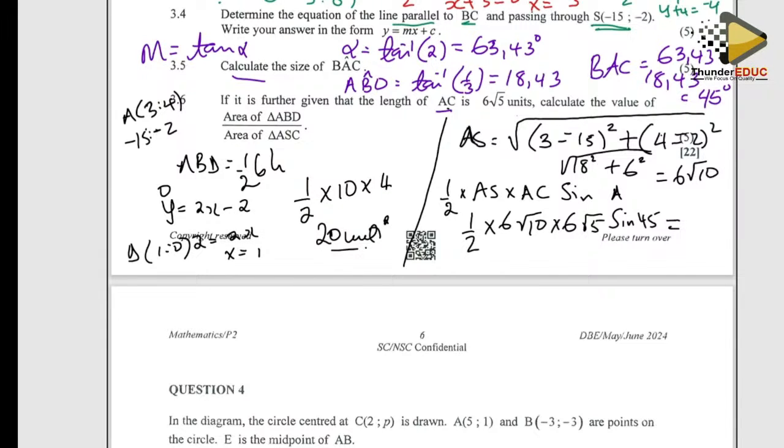So 0.5 times 6√10. Okay, I'm multiplying it by 6√5, and then multiplied by the sine of 45. What we get? We're getting a 90. Okay, so remember the question said we get the 20 divided by the 90. So which is just 2/9. All right, so that is what we wanted with that question.